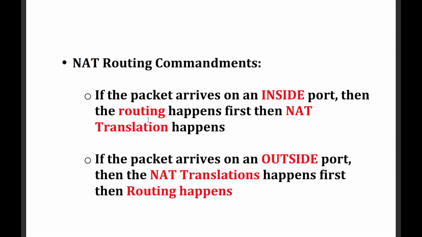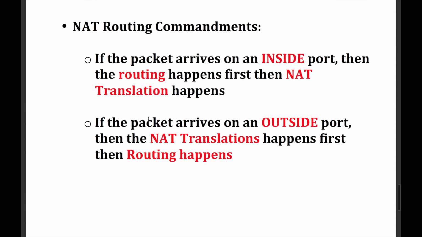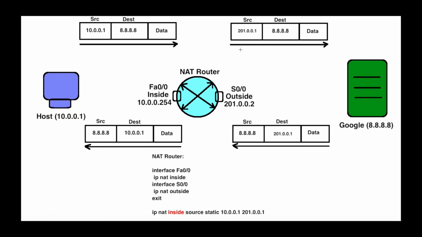After translating the address, you check the routing table to find the exit interface. With these rules, if you go through this diagram again, you will understand how NAT decides source or destination translation and the specific direction. No matter whether you're using static NAT, dynamic NAT, or PAT, that's how NAT works.